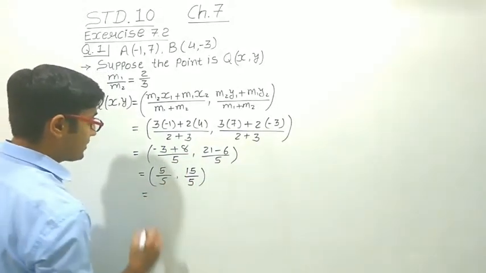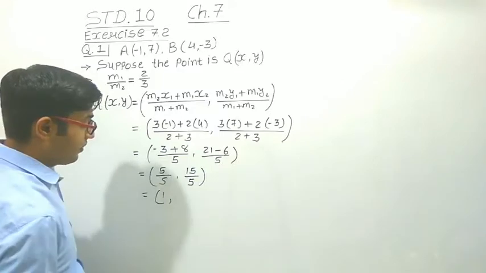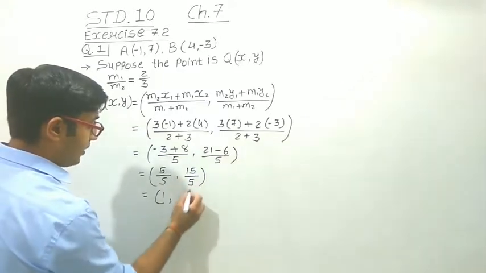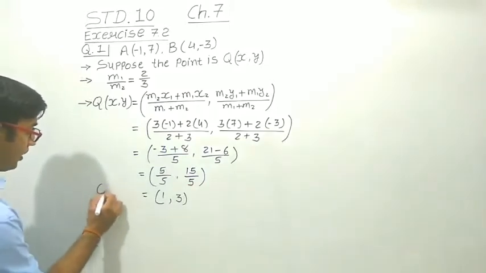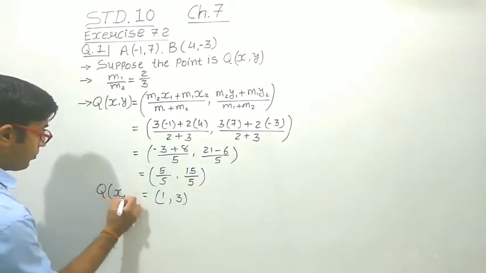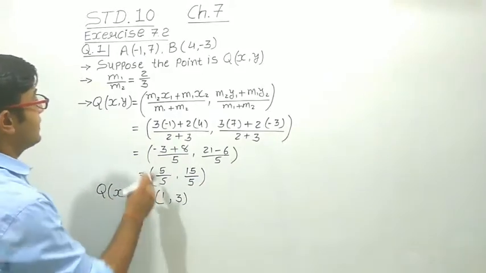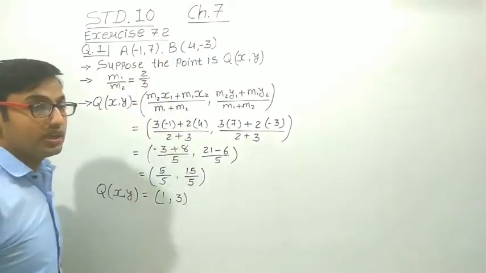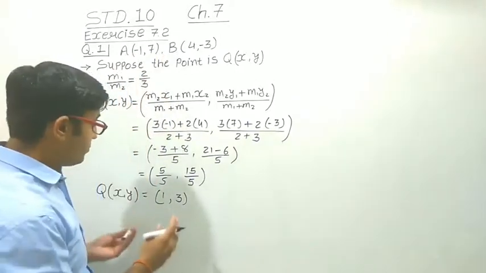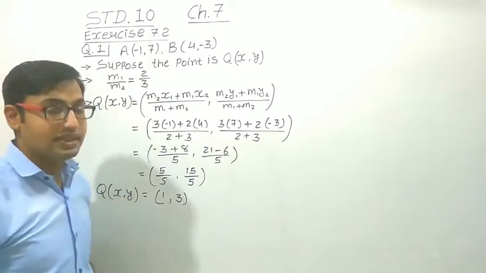Cancelling the common factors, 5 cancels out and only 1 remains, and 5 threes are 15, so only 3 remains. These are the coordinates of the point Q which divides the line segment AB in the ratio 2:3. In this way we can find the points which divide a line segment.